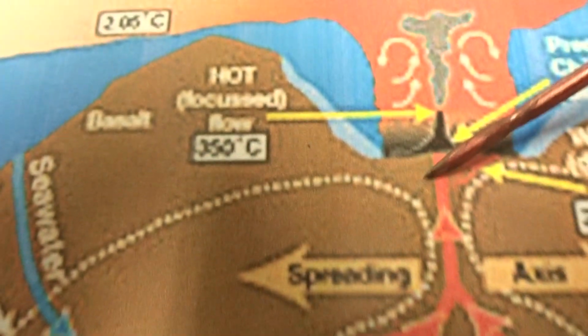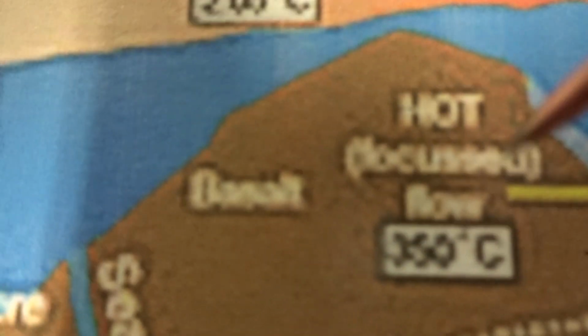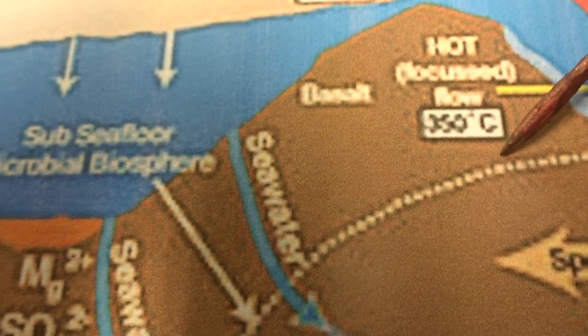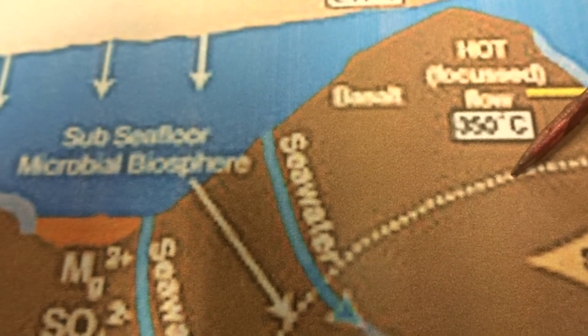We have precipitation chemistry and a black smoker. This is a black smoker in the rift, and that releases those elements. This is hot (300°C). It's a flocculent flow.